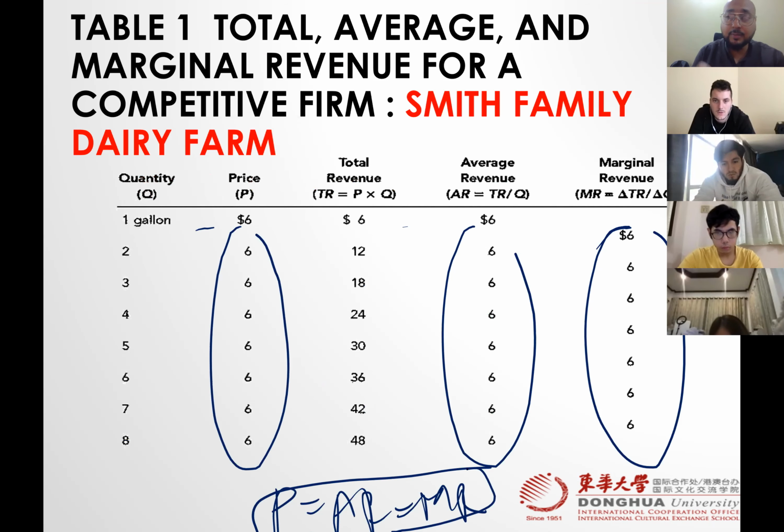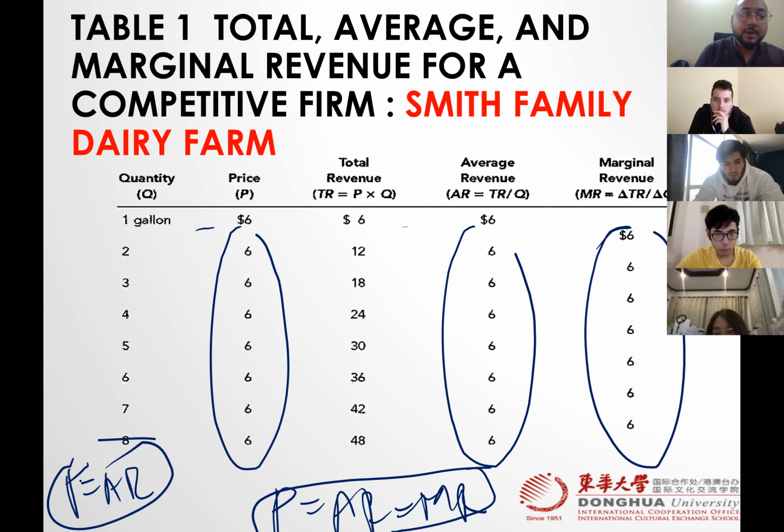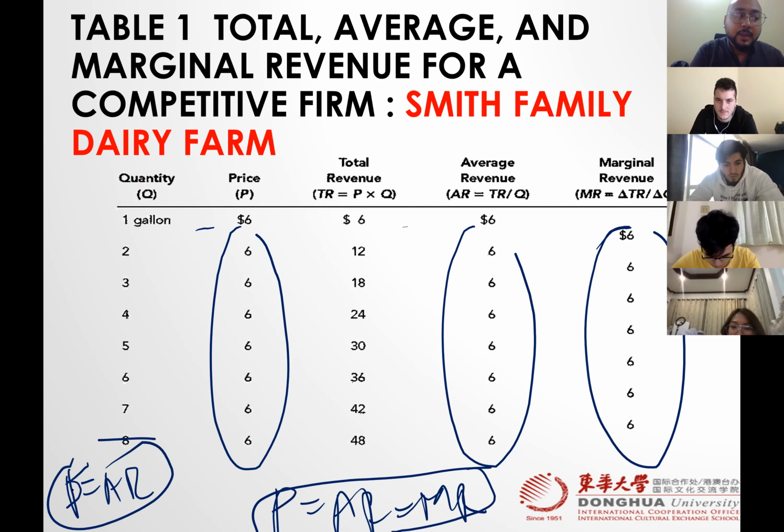So this is the condition for perfect competition. Price is equal to average revenue for every market due to mathematical property. You will find out in our coming lectures as well, price is always equal to AR. But whether price is equal to MR, that is the condition that prevails only in perfect competition, right?